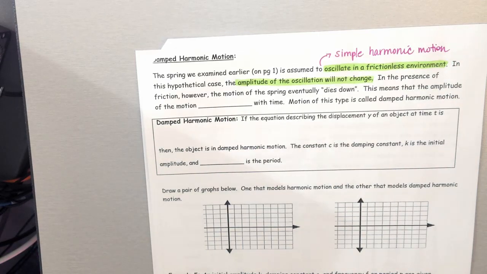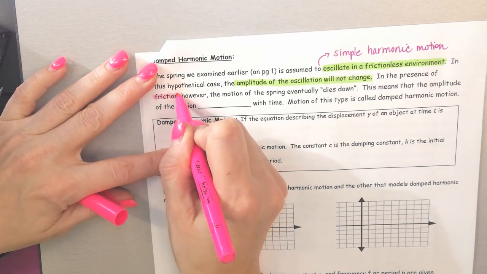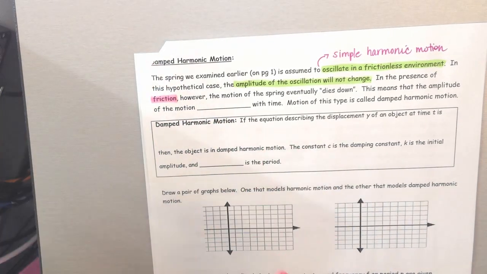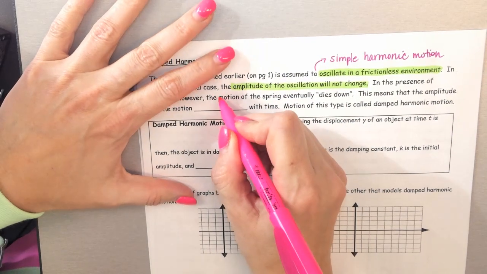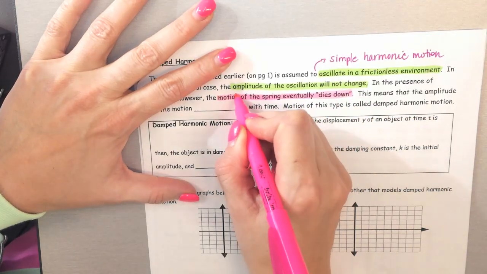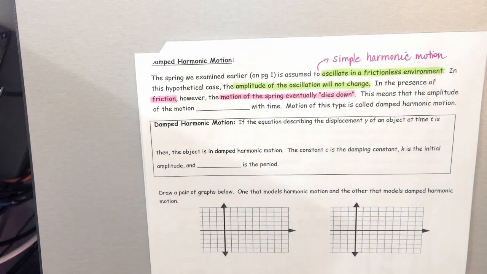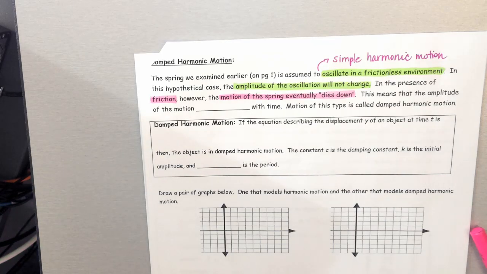In the presence of friction, though, which we do live in a world with friction, the motion of that spring eventually dies down. I like to think of this in terms of furniture. Maybe you guys are like me, and you have a favorite spot on a couch? You always want to sit in that spot? Or maybe one of your family members does. Eventually, when you keep sitting down in the same spot, what happens to that space?